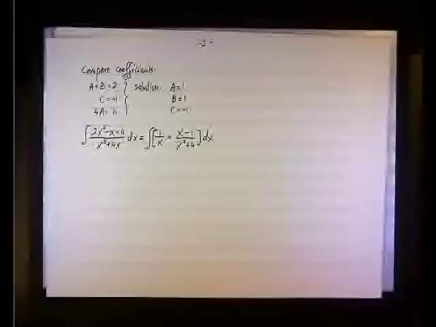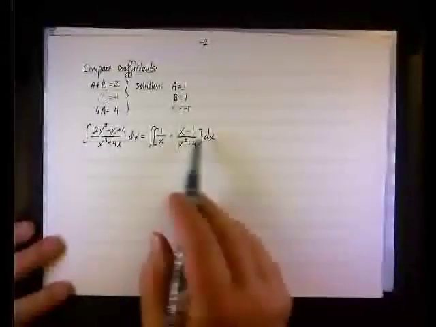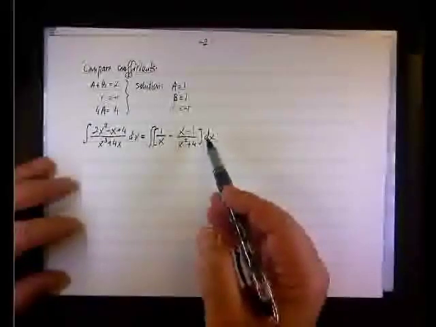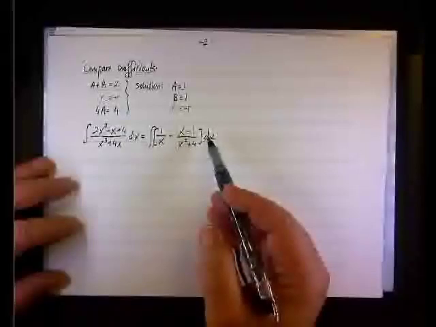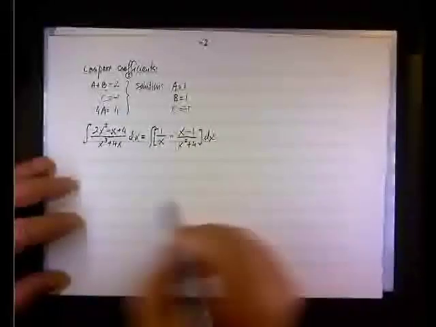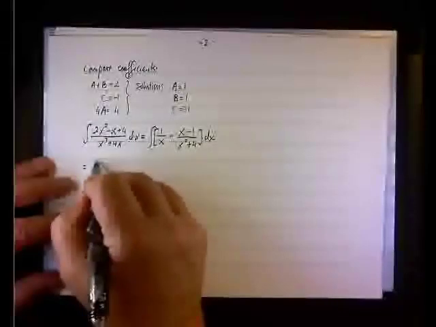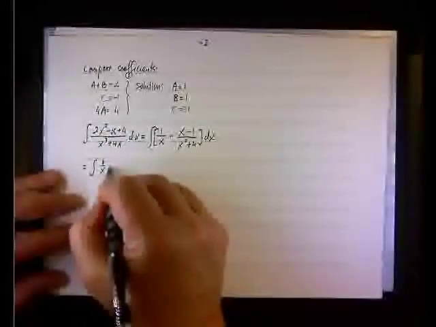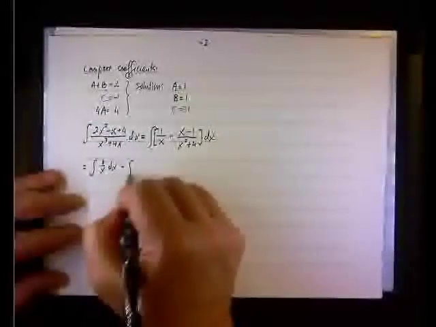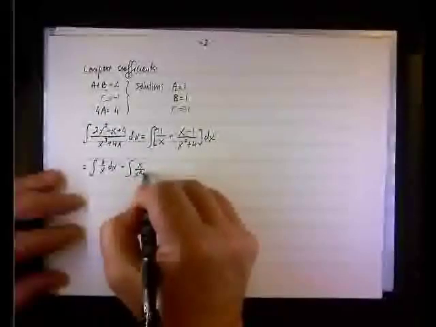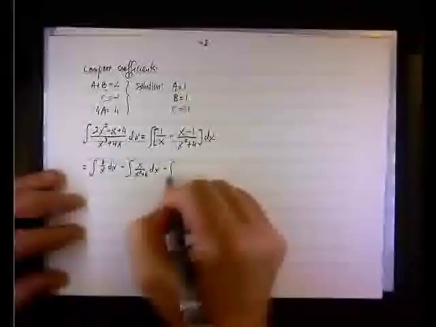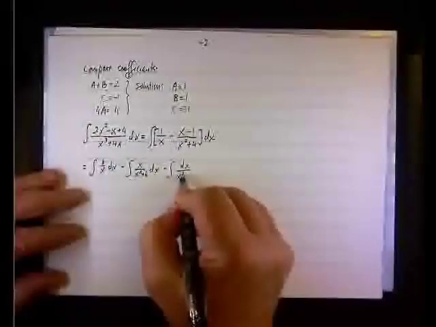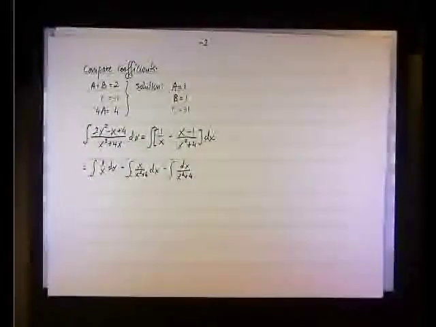I'm going to break this down, and I'll write it as the integral of 1 over x dx plus the integral of x over x squared plus 4 dx minus the integral of dx over x squared plus 4, like so.